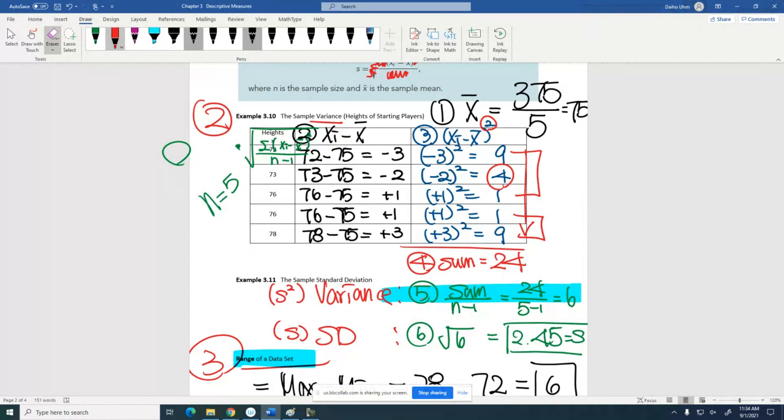What do you expect? What will be the unit for the standard deviation? Inches again, only because we take the square. So we have to take the square root of it to get the standard deviation. Finally, by the 6 steps, by taking the square root of the variance, the mean, original data, and the standard deviation all have the same unit, inches.